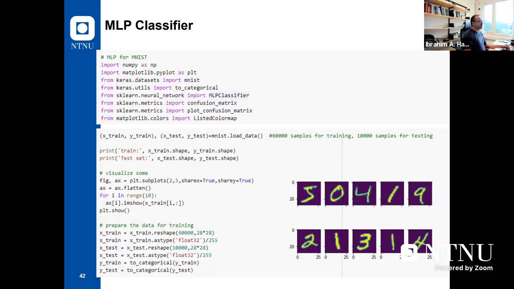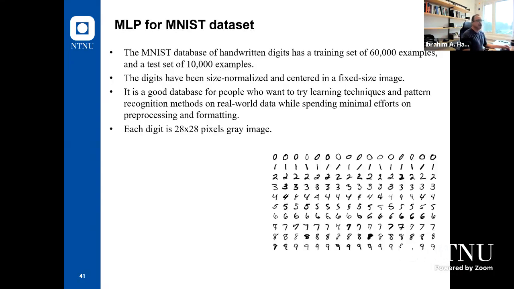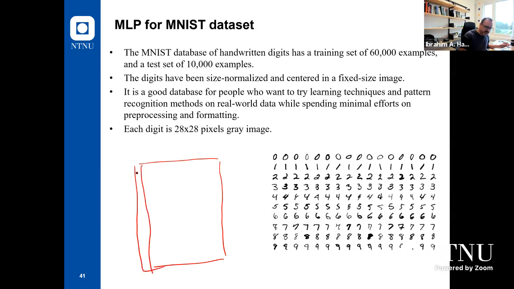So I just repeated the example. In this MNIST dataset, instead of having 4 features as in the iris dataset, now we have an image of 28 times 28 pixels. Each image is like a matrix, a grid, and each cell here is a pixel.